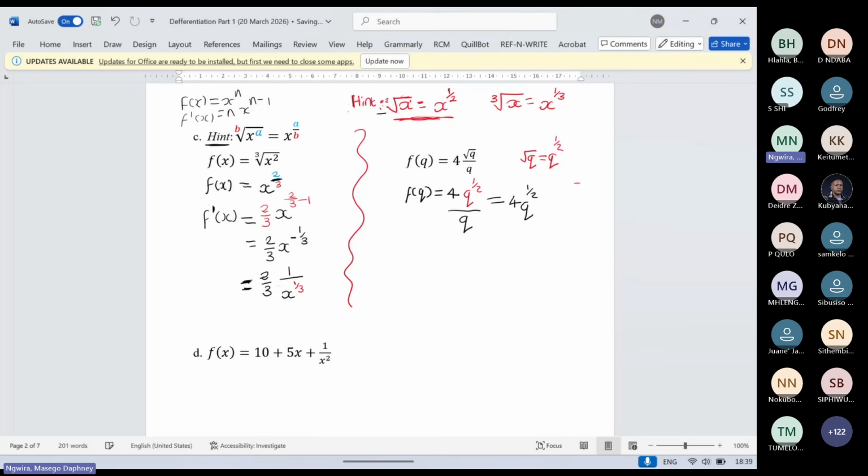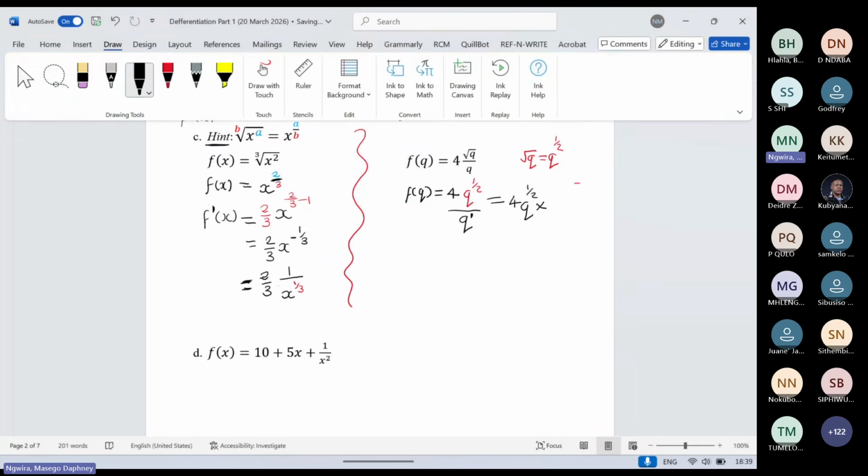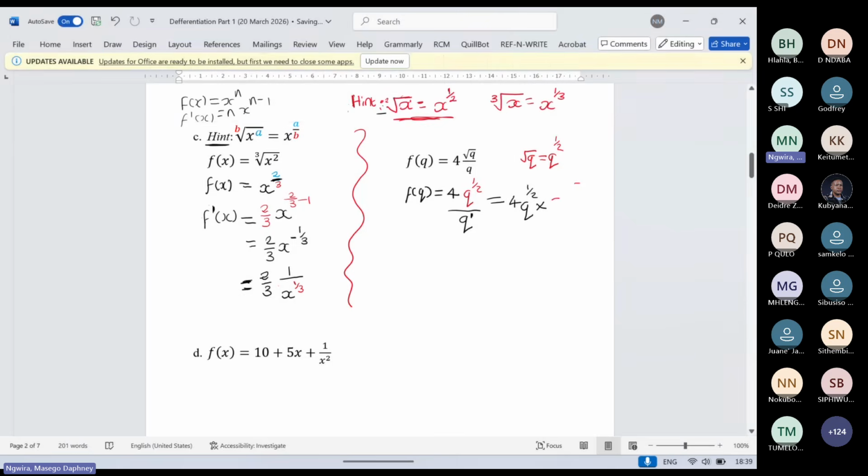Now what's happening? I'm taking this to the top. When you move a variable from the bottom to the top, the exponent changes the sign. There is a 1 here, but we never write it. So this will be times q, and when you take it to the top, it is going to be a minus.